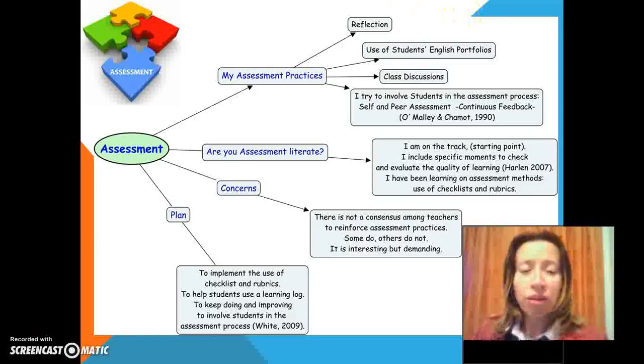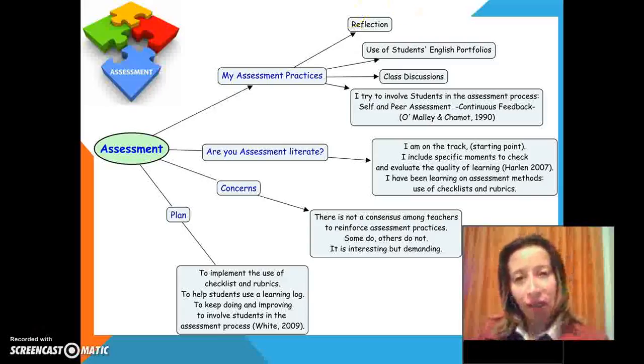I found it a little bit difficult to handle because at that time I used them with all my students. I'm talking about more than 150 students. So imagine what it implied when checking, when reading all of their reflections.